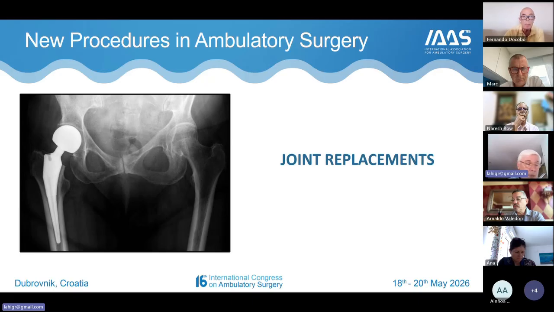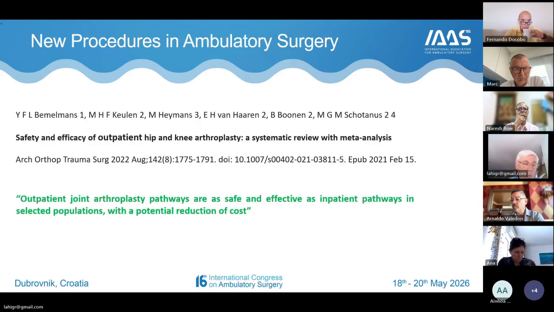Joint replacements. Here, the anesthetic and surgical techniques are very important. One group from the Netherlands published this study, Safety and Efficacy of Outpatient Hip and Knee Arthroplasty, a systematic review with meta-analysis.